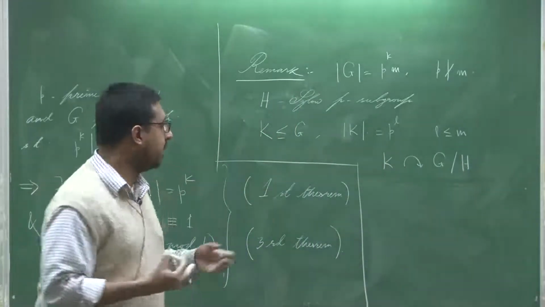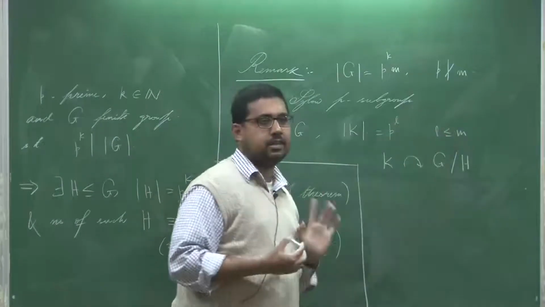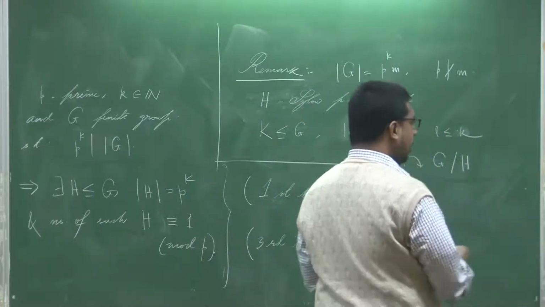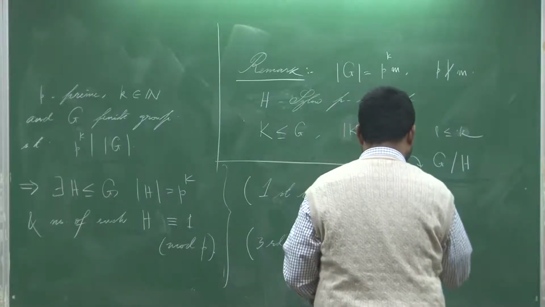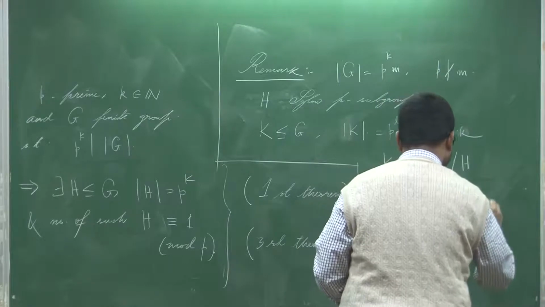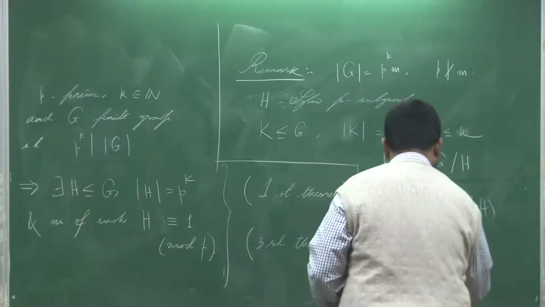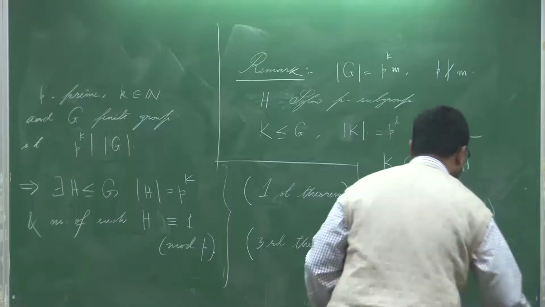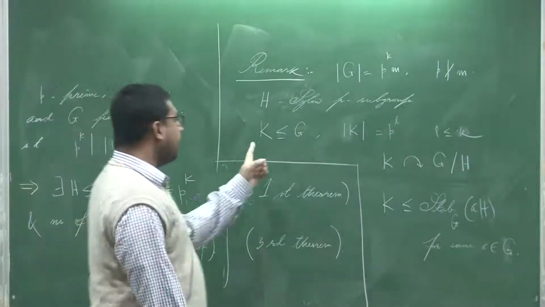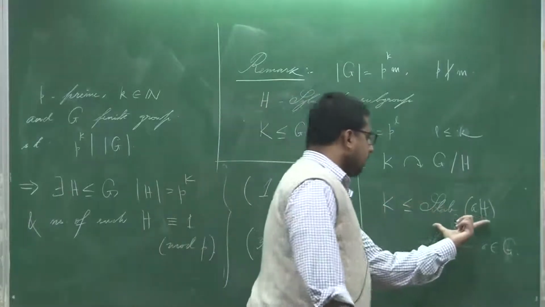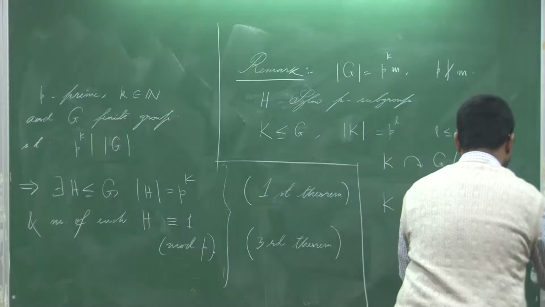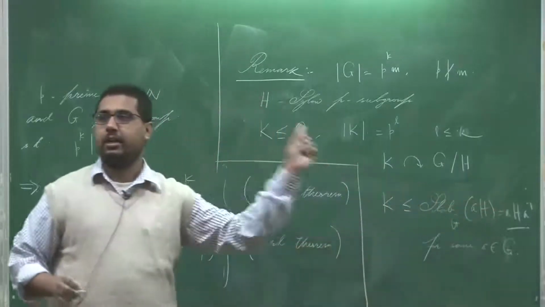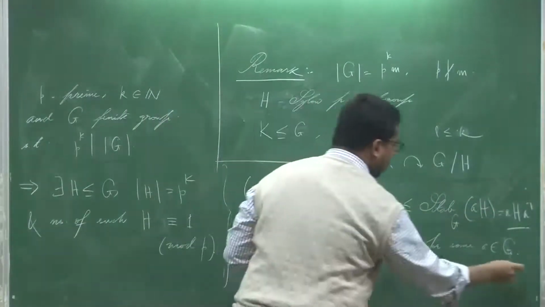That action can be taken even if l is strictly less than k, and a similar argument goes, that is, K will be contained inside a conjugate of H for some a. And if K is a Sylow p-subgroup, then K will also have order p to the power k, so they will be equal. Otherwise, we cannot go anything beyond that.